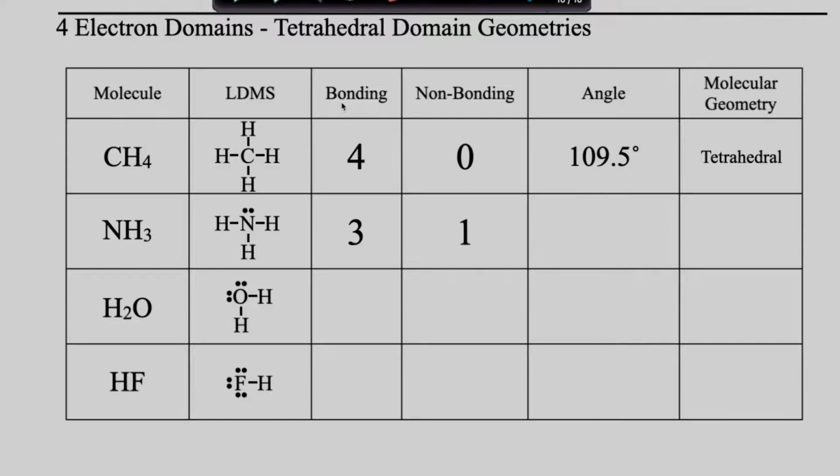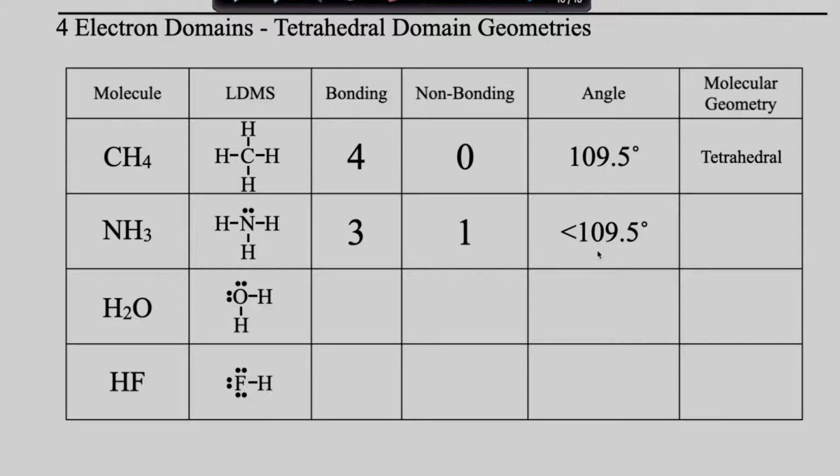Guys, you don't need to know how much smaller. The answer is actually 2.5 degrees, but you don't need to know that. All that you need to know is that the angle is less than 109.5 degrees. Again, it used to be that you had to know the angle. It's actually 107, but they wrote it out of the AP curriculum, so I'm not going to teach it to you.